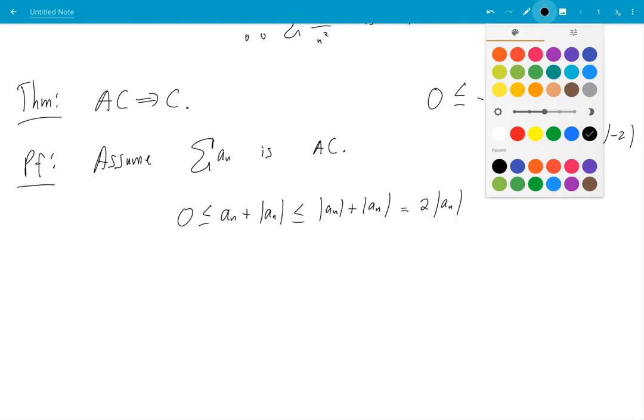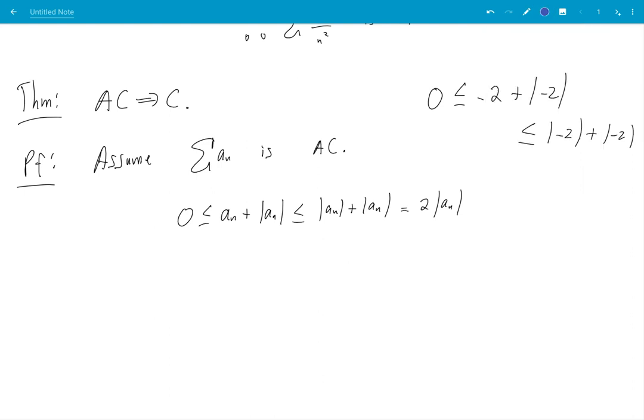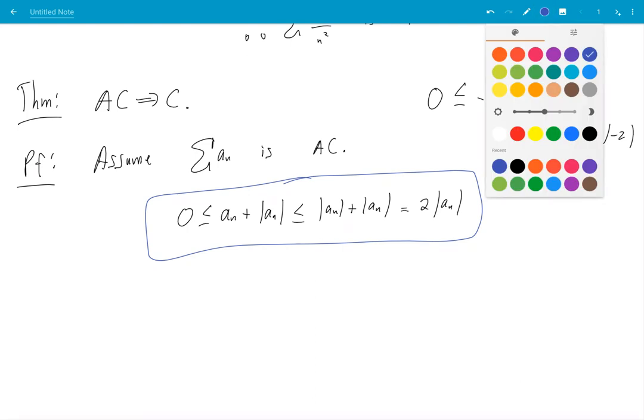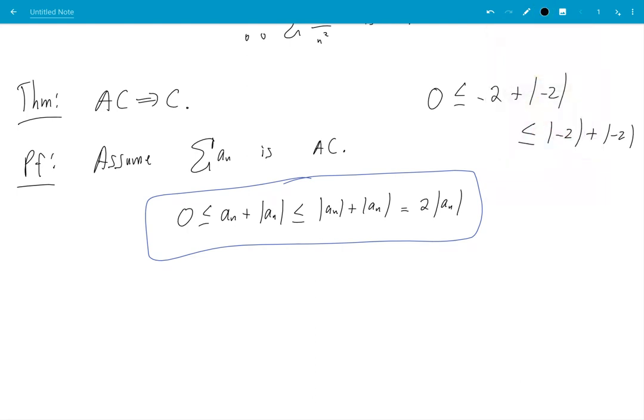So what do we have here? Well, we're going to use a comparison test using this inequality. The summation of 2 times the absolute value of a_n is convergent. This is my assumption that I made at the beginning.